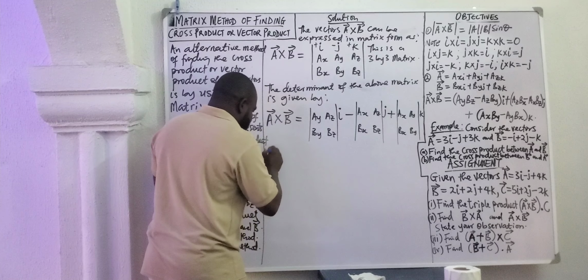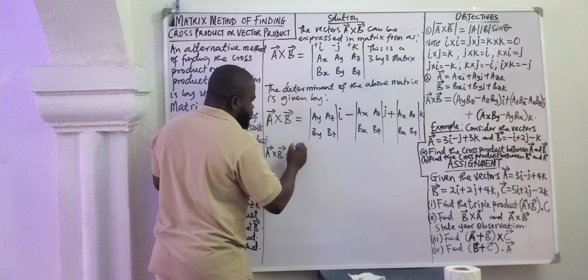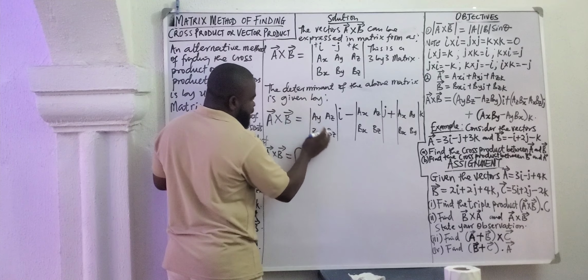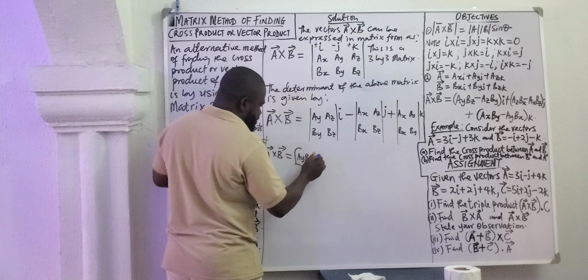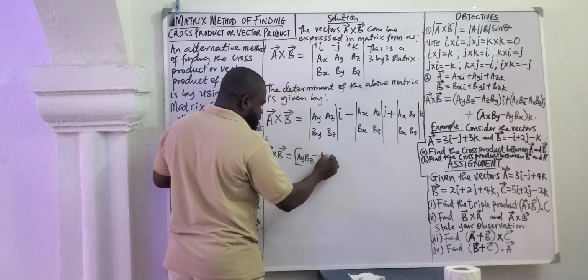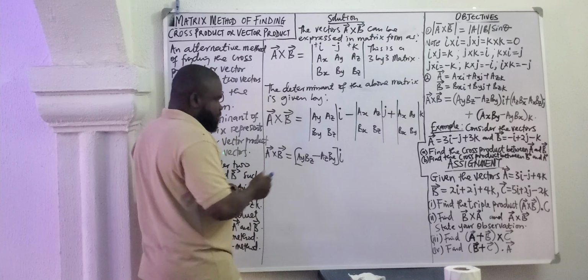So this becomes A cross B equals, observe what I'm doing, AY times BZ, AY BZ minus AZ BY, AZ BY multiplied by the unit vector I.